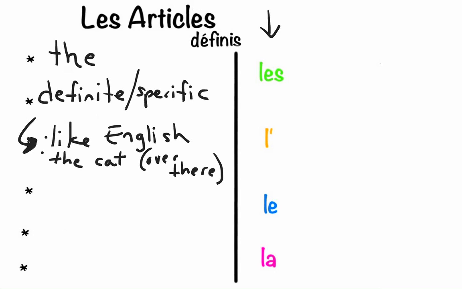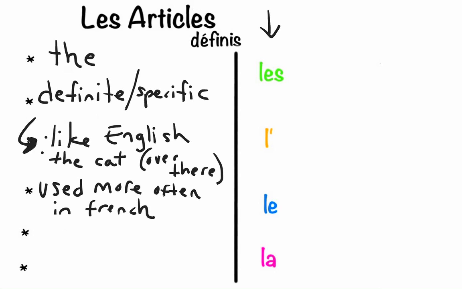However, there are some differences. That part is like English, but then you'll also find that these definite articles are used more often in French. So sometimes we won't use any articles in English, but in French you tend to almost always use them.